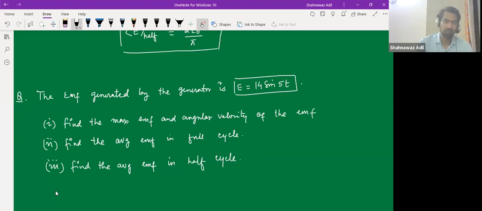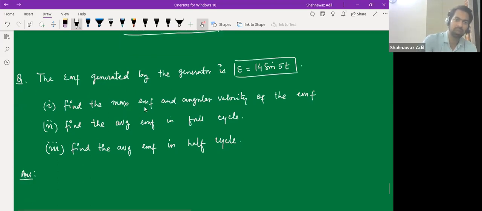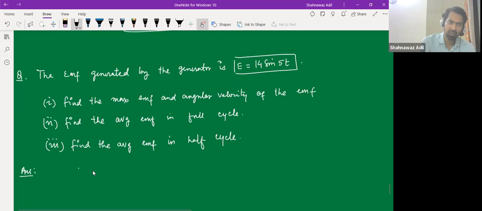Right. So you have a question where the EMF is represented by E is 14 sine 5t.